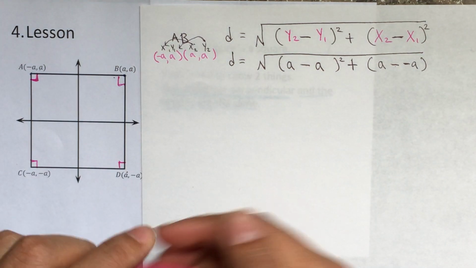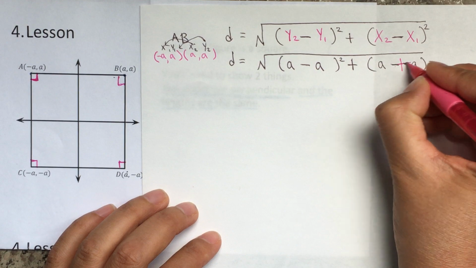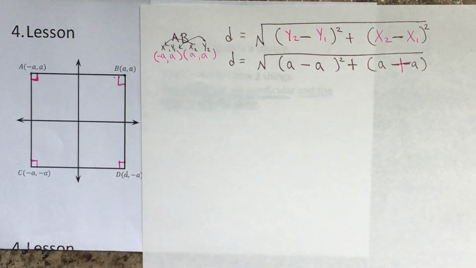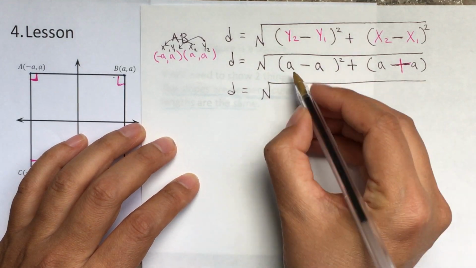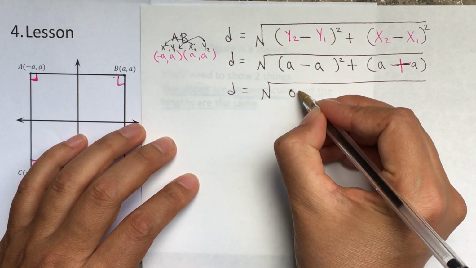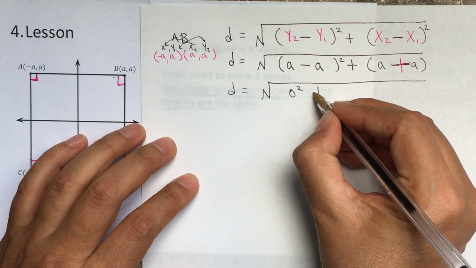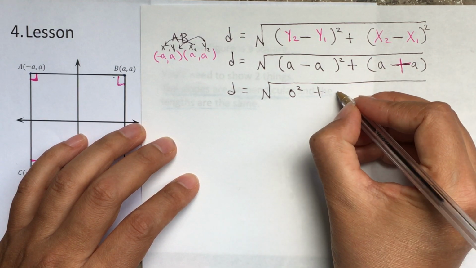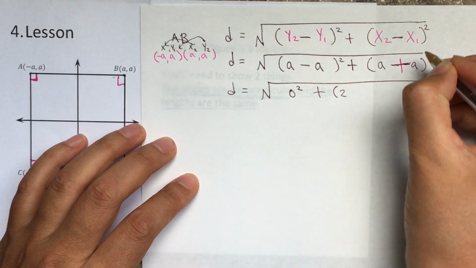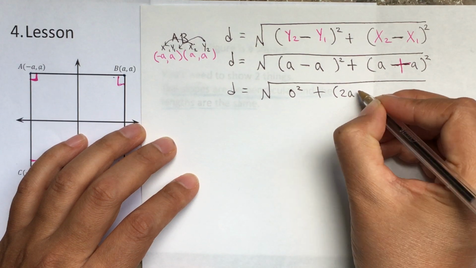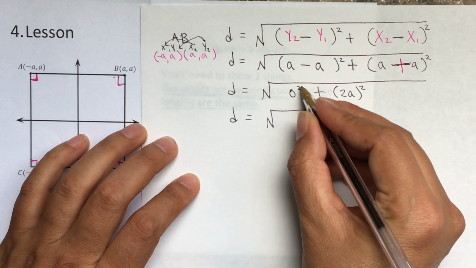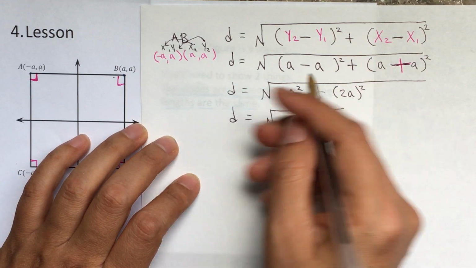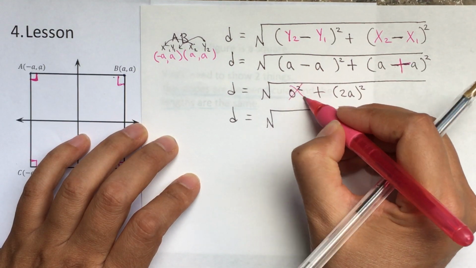And so this is going to become a big plus. 2 negatives together make a big plus. And so we end up with the square root of a minus a is 0 squared, plus a plus a is 2a. Oops, I forgot the square here. 2a squared. And so that's going to be equal to 0 squared is 0. We're just going to make that disappear right there.